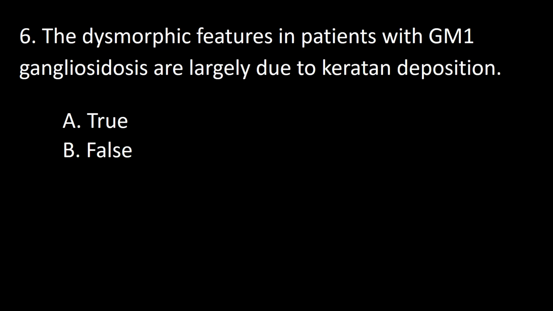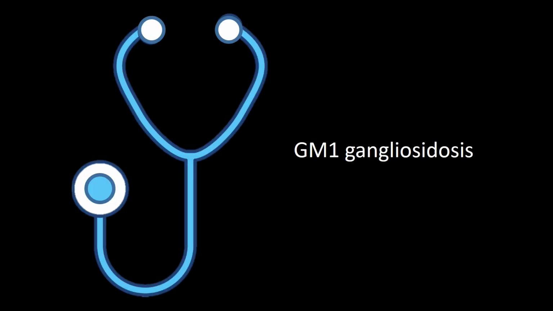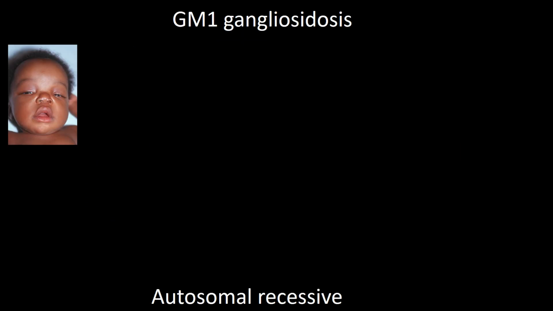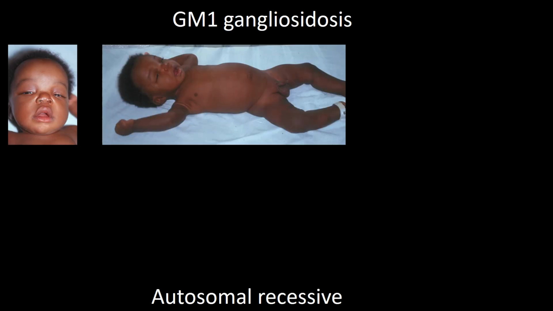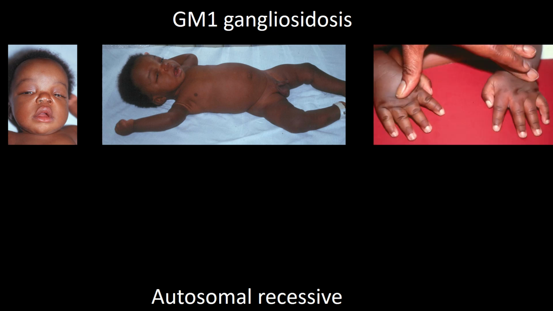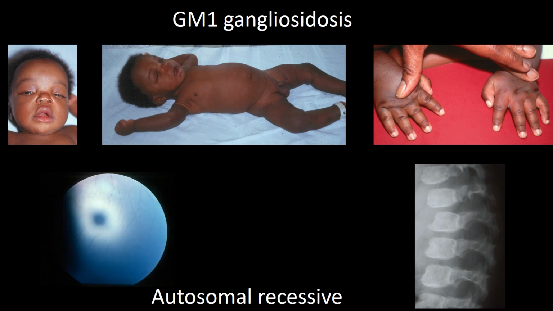Next question. The dysmorphic features in patients with GM1 gangliosidosis are largely due to keratan deposition. A true, B false. The clinical picture of GM1 gangliosidosis consists of coarse faces, often referred to as gargoyle-like, developmental delay and hypotonia, enlarged liver, dysmorphic fingers, disproportionately thicker at the root than at the tips, cherry red spot, and bone dysostosis.